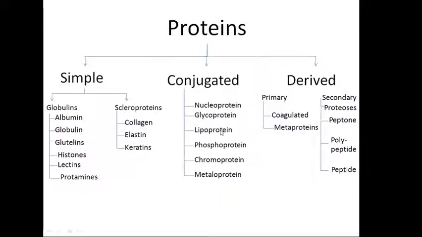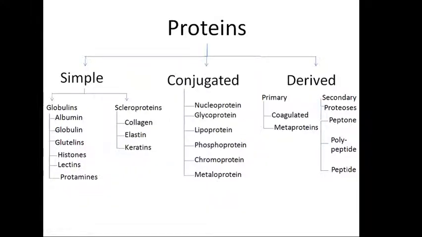Lipoprotein: proteins attached with lipids. So they are called conjugated proteins, a protein part with a non-protein part. Then you have the derived proteins, which are derived from the degradation of either the simple or the conjugated proteins.